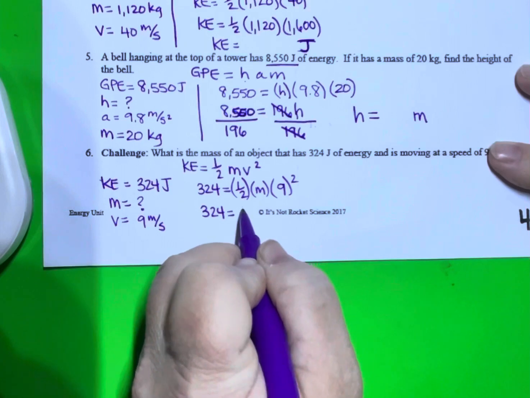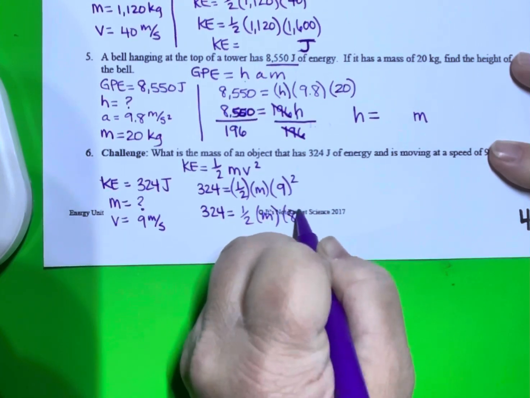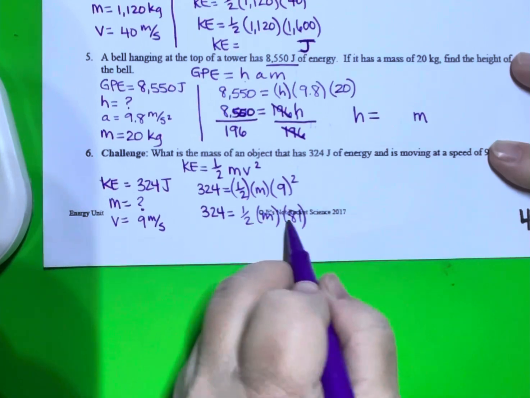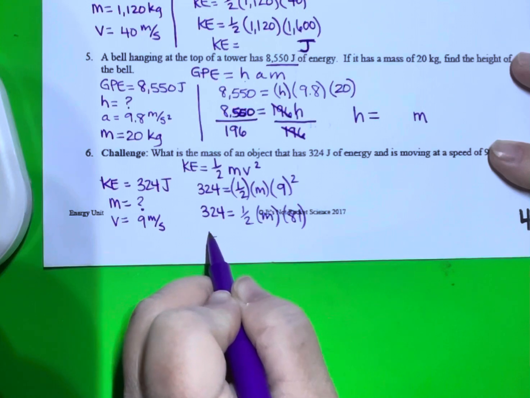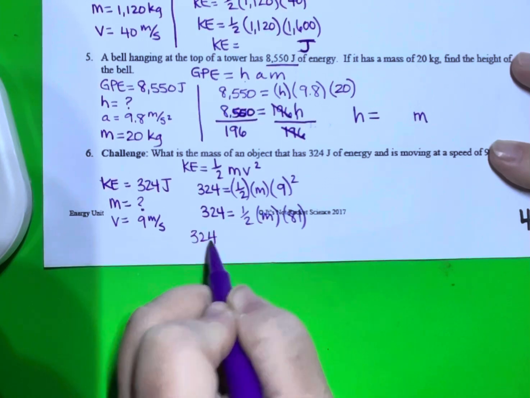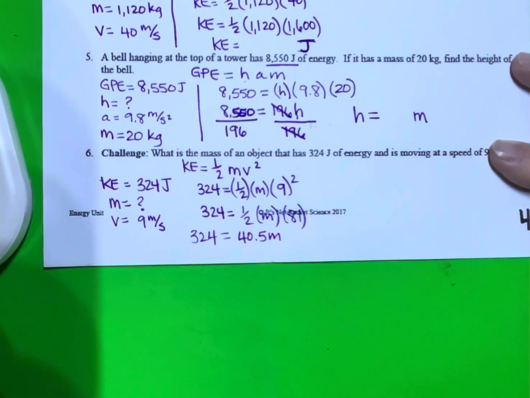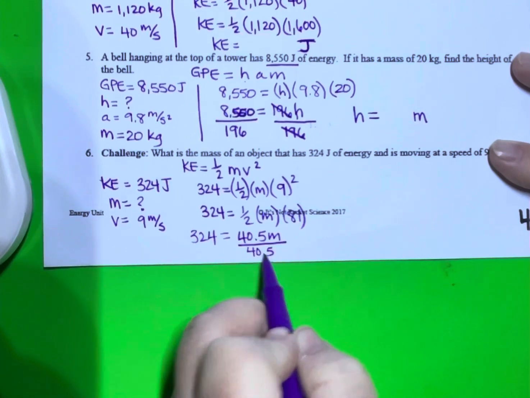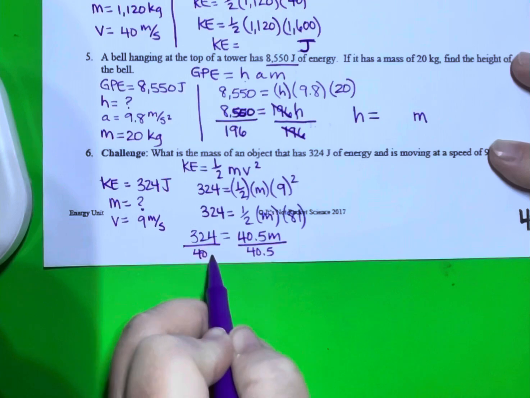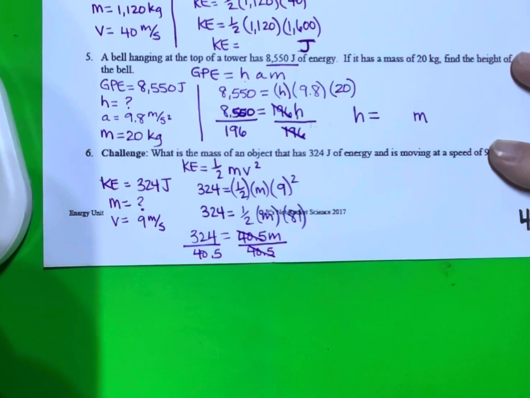I'm going to do it like this: 1/2 times m times 81, and then 1/2 times 81 is 40.5. So 324 is equal to 40.5 m. Now to get m by itself, I'm going to divide both sides by 40.5. And then 40.5 cancels out right here.